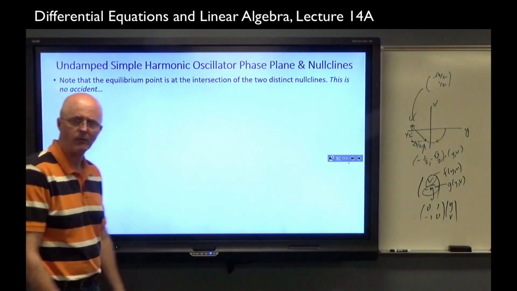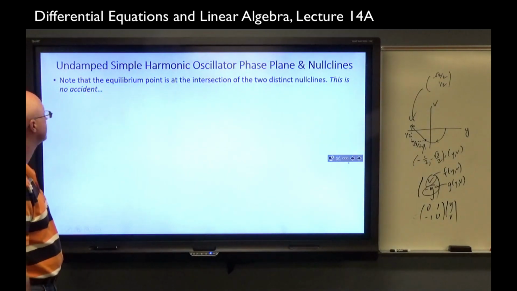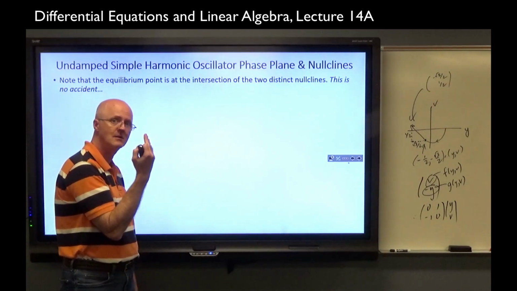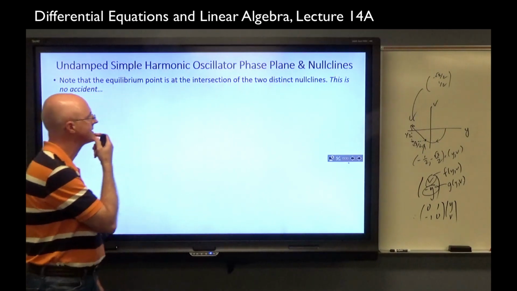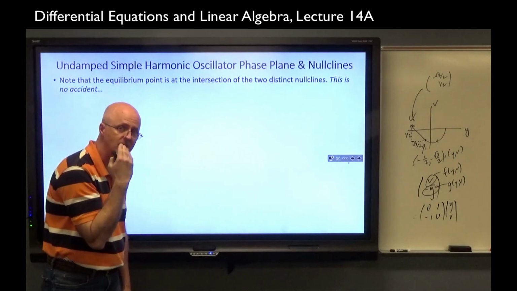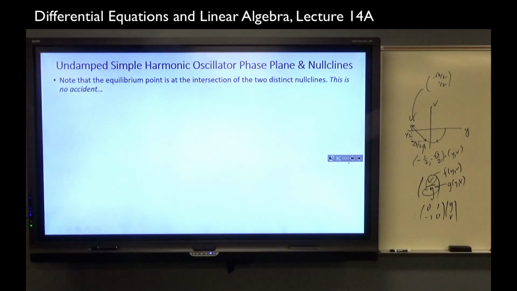Note that the equilibrium point, which was at the origin, is the intersection of the two distinct nullclines, the y-axis horizontal and the v-axis vertical. The y-axis was the y nullcline, and the v-axis was the v nullcline. That doesn't always happen. They intersect at the origin. That's not an accident.